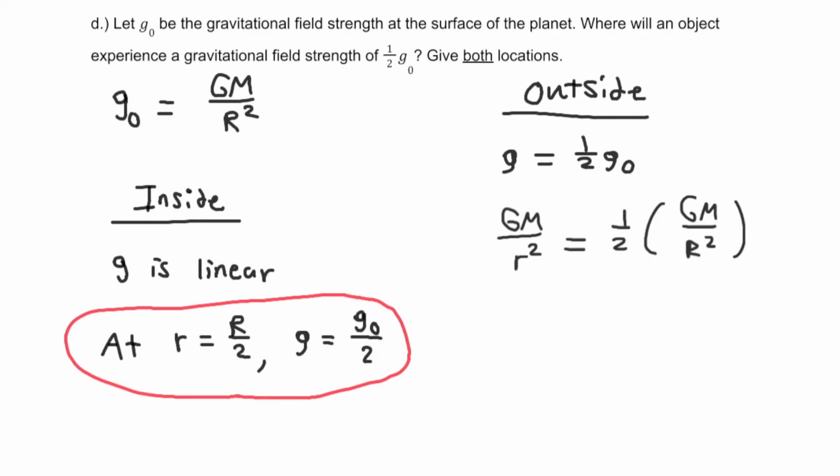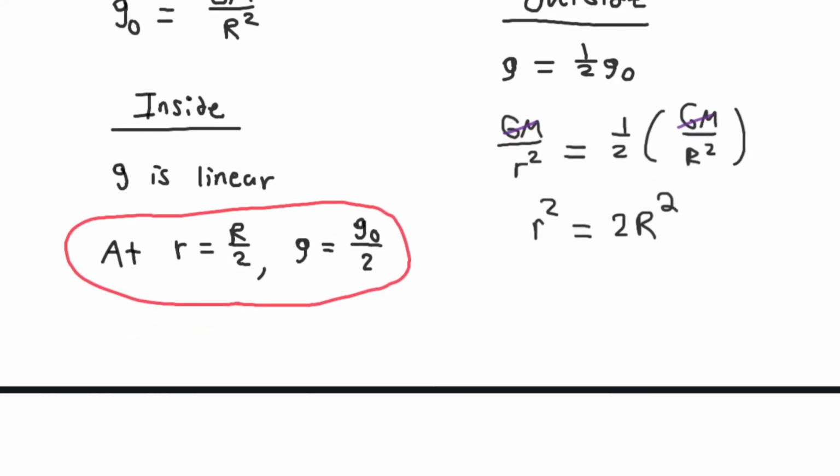Cancel out big G and the M. And we get that little r squared is going to be equal to 2 times big R squared, or r is just going to be equal to the square root of 2 times R of the planet.